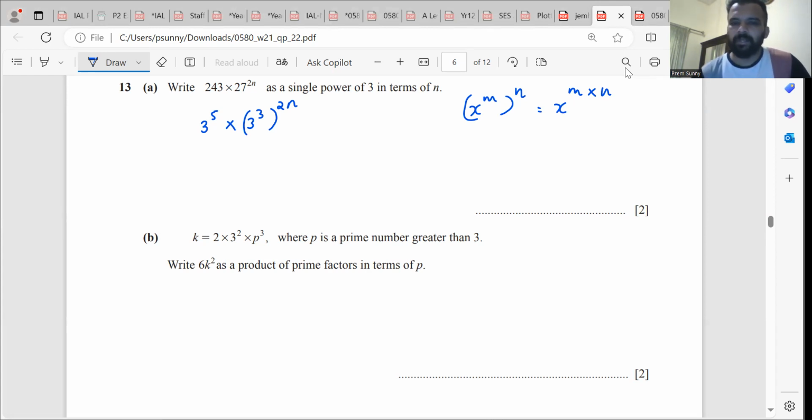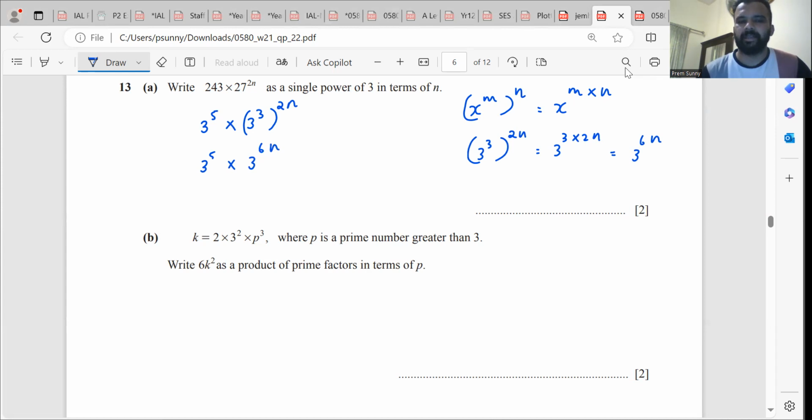So here 3 to the power of 3 to the power of 2n will be 3 to the power of 3 into 2n, which will give me 3 to the power of 6n.